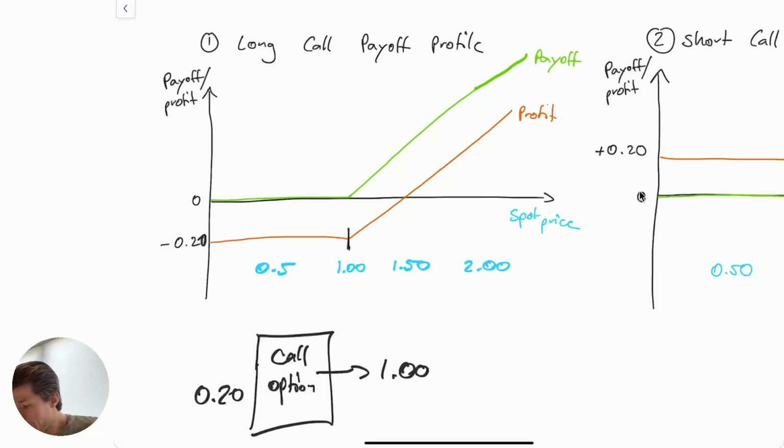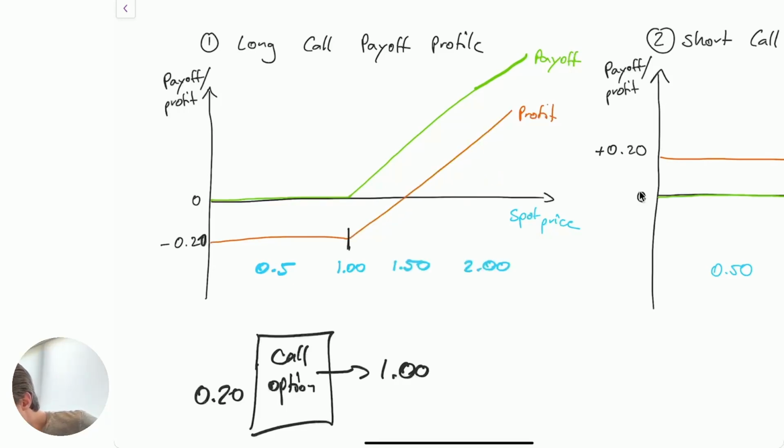So your payoff is 0 because market price is 1 and you have the right to buy for 1. But still, because you have incurred a cost of 20 to buy this document, you would have incurred a loss.